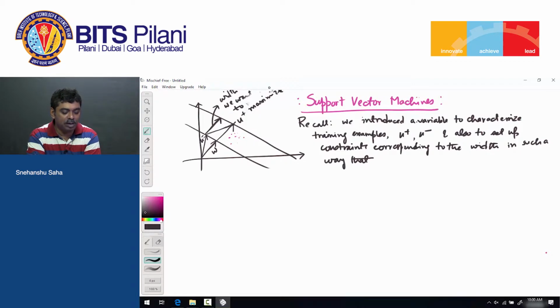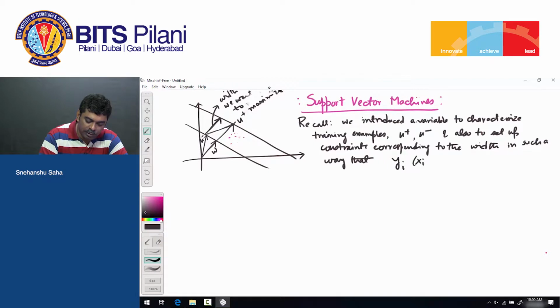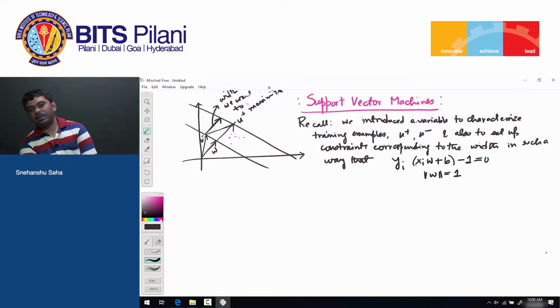Then you take the product of yi with w·xi plus b, minus 1, which should be greater than or equal to 0. That's the constraint. The other constraint was that since you are using the unit vector, the length of the unit vector is 1.